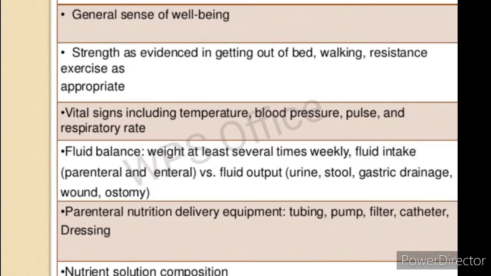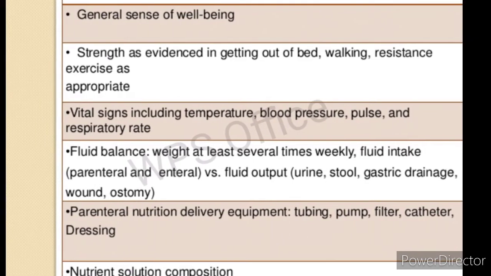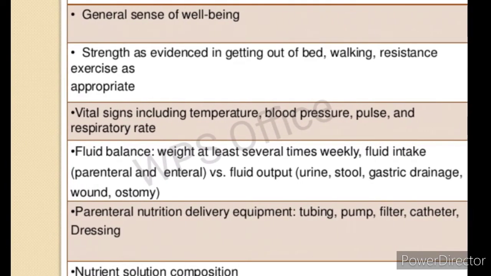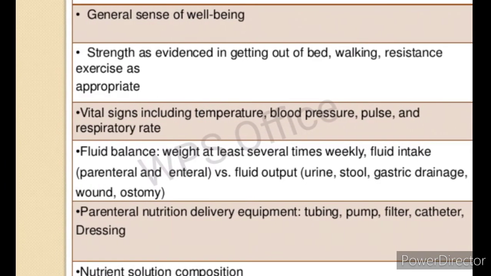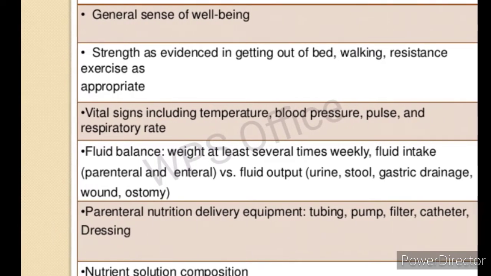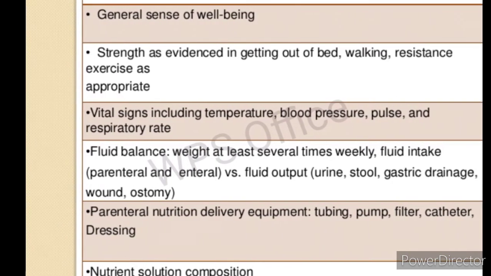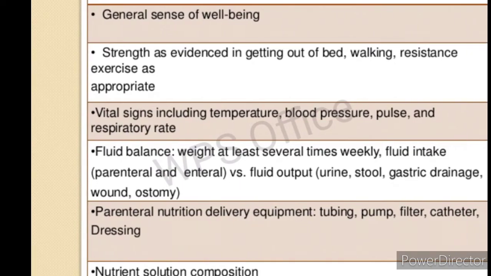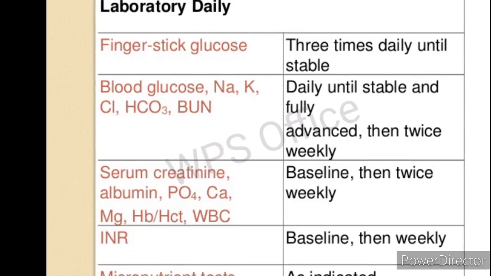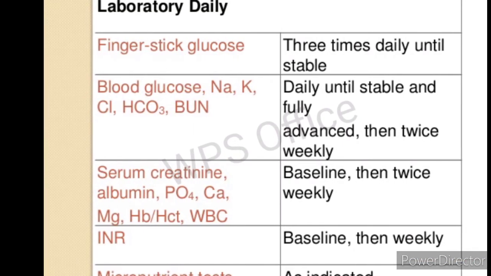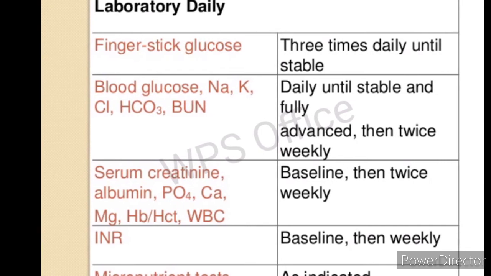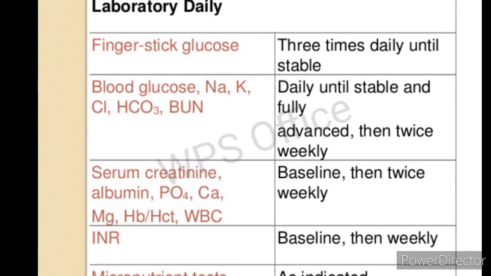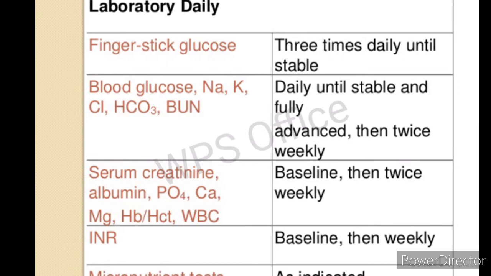Then we have the clinical data to be monitored daily. Vital signs and fluid balance should be monitored daily. Then we should also check the glucose level: blood glucose, sodium, potassium, chloride, urea, creatinine, albumin.